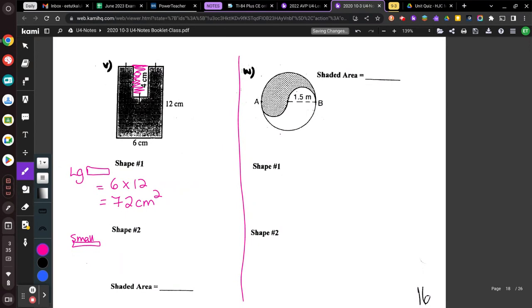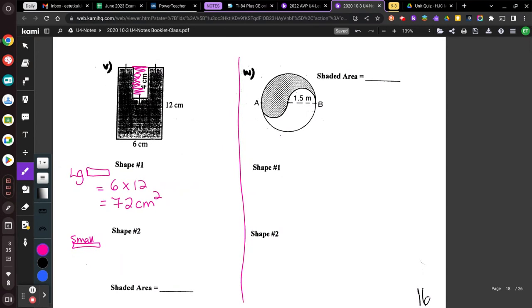Then I go to my small rectangle. Now my small rectangle, I know I have a 4, but what's that little ticky? Well, if I know this whole thing is a 6 and it's divided into 3 parts, that means each part is a 2. So that's a 2, that's a 2, that's a 2. So that means my small rectangle is a 2 times 4.